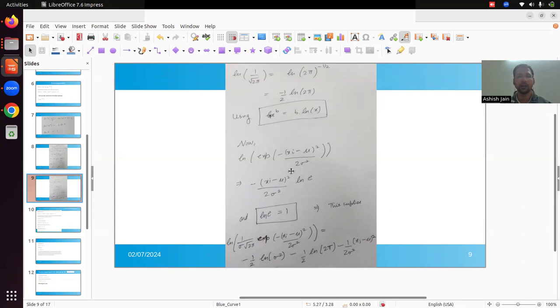We bring the power as a constant multiplier to the logarithm function, and inside the logarithm just e is left. And we know, using the identity, that the logarithm of e base e equals 1. This implies we come at the same solution which we are seeing over here.